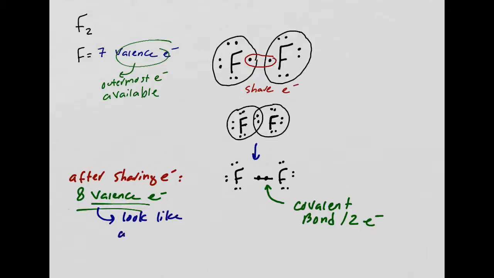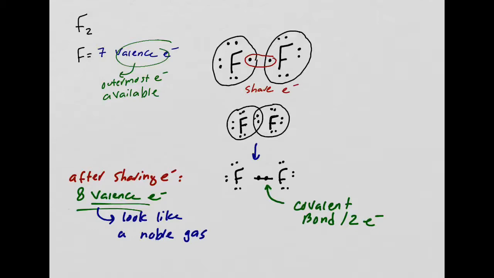We talked about this before, that noble gases are considered very sexy and good looking on the periodic table. So everyone wants to look like them. After they share electrons, each one ends up having 8 valence electrons, and that's important because they're going to look like a noble gas.